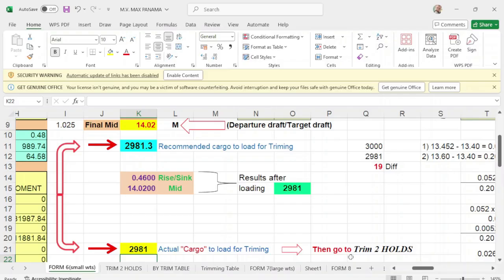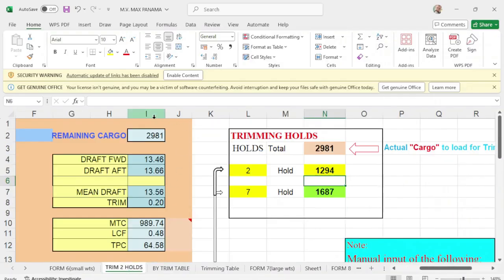Says here, then go to trim holes 2. This will be the one. And here you have 2981 here, and you have 2981 here. This is your initial drop, forward and up. This is your main drop, your trim, and your MTC, LCF, and TPC.